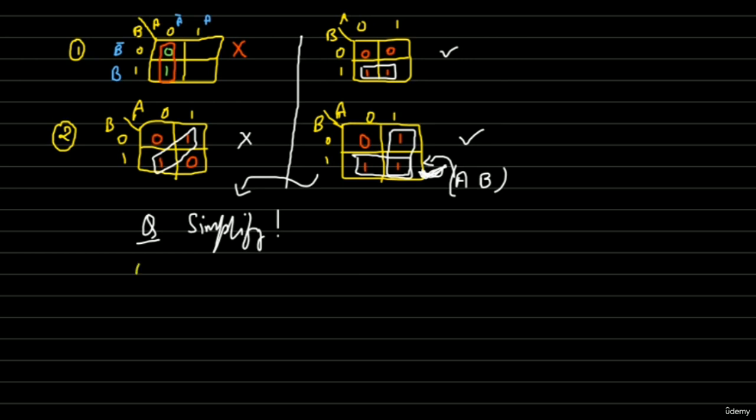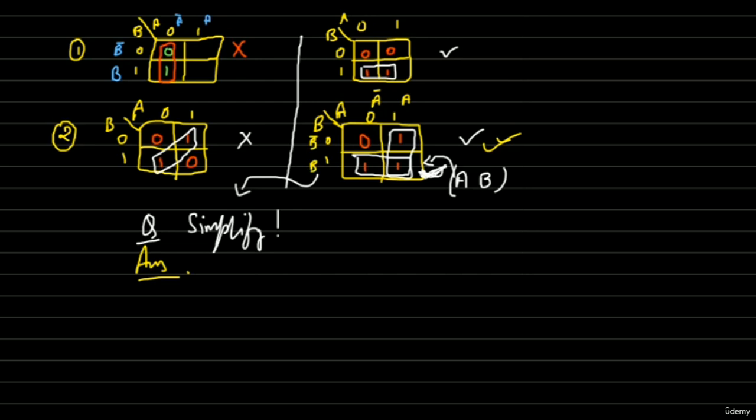So our answer for the simplification is, first of all, you can write all the terms or you can just simply pick up the paired terms. So in the second one, we know that this is right. So we are picking this one, the right side one and not the left side one. First of all, the locations: if you are a little bit confused about the location, just write it down as A, B and B bars so that you will see them as the coordinates or the positions.